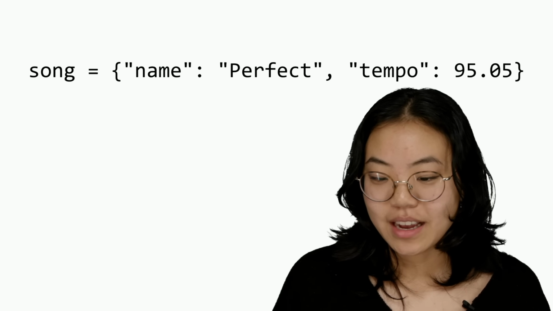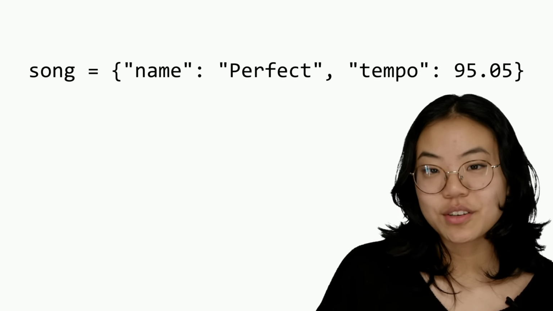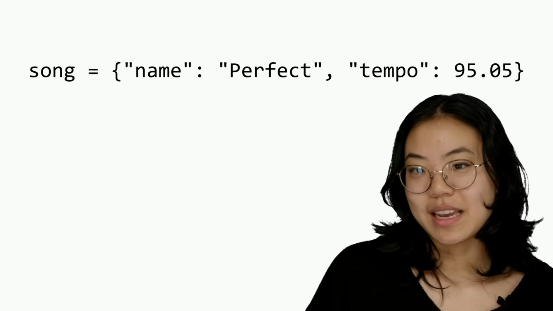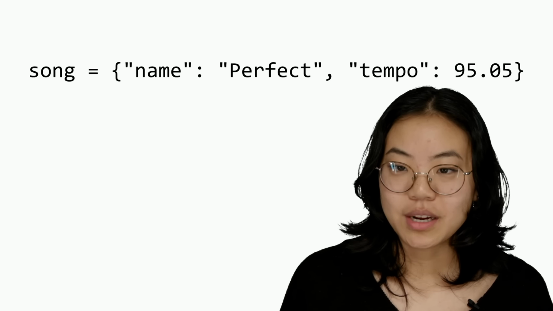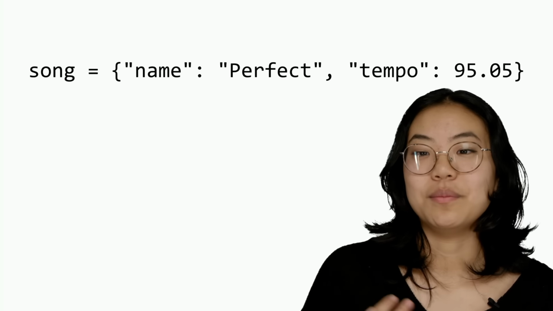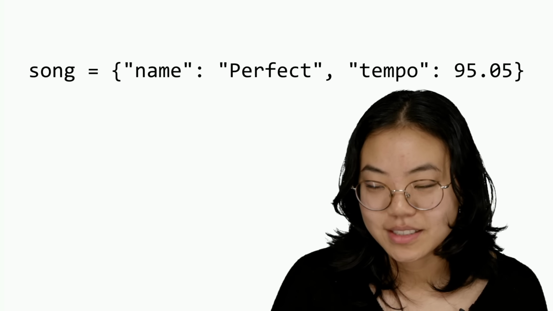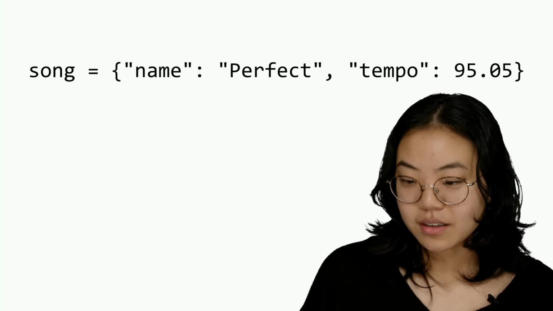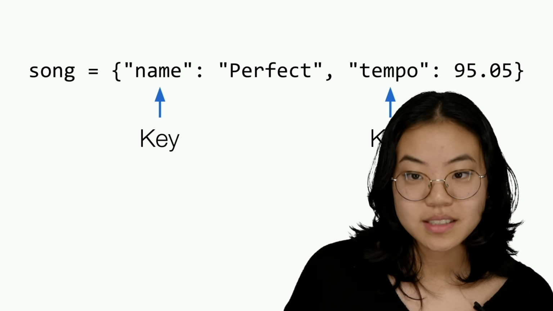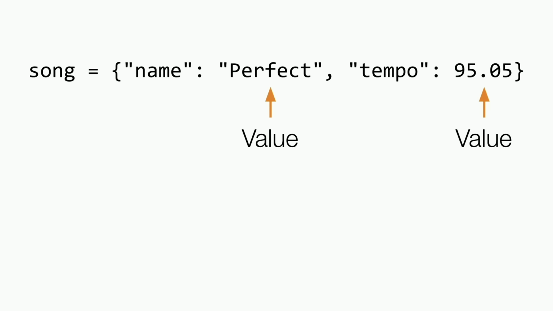One way I could do that is, for each song I have the song's name and the tempo in its own variable, but that might get really hard to keep track of, especially when I start to get more than one song. A dictionary is one way of storing this information, where we are storing keys associated with values. So we have these key value pairs that we're storing in a dictionary.